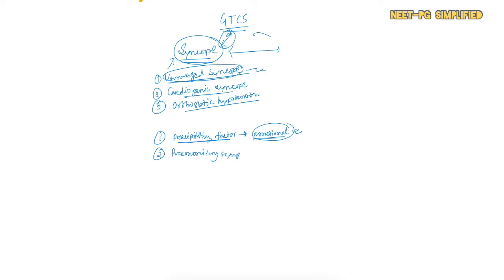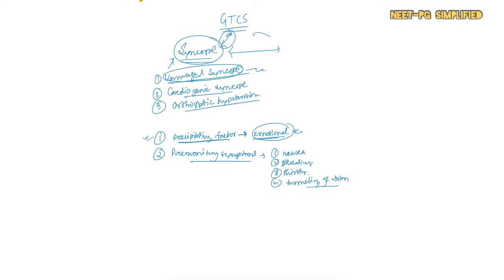Like a patient can complain of nausea, number 2, sweating, he can be thirsty, 4, tunneling of vision, etc.